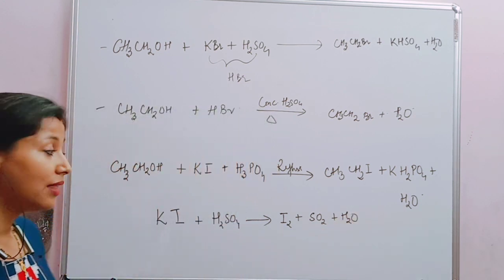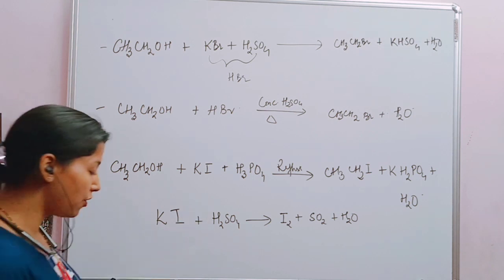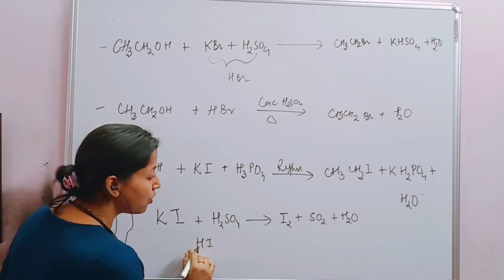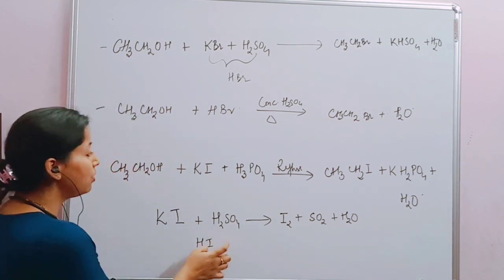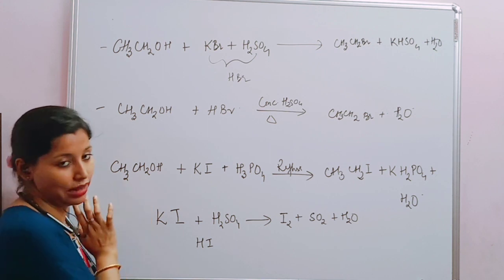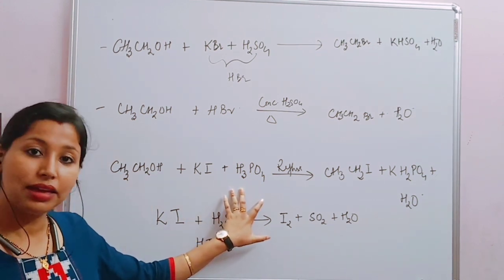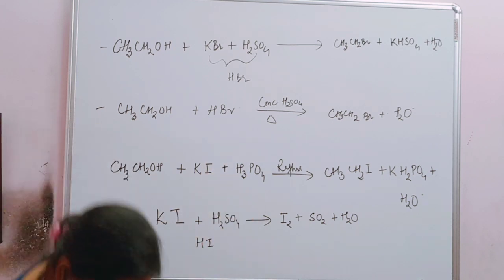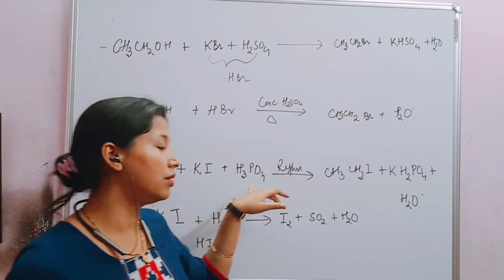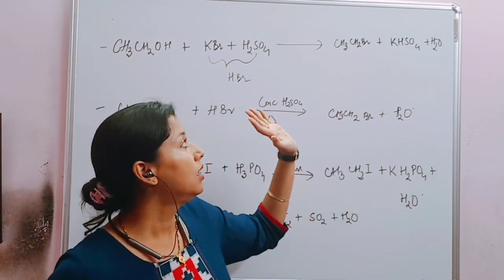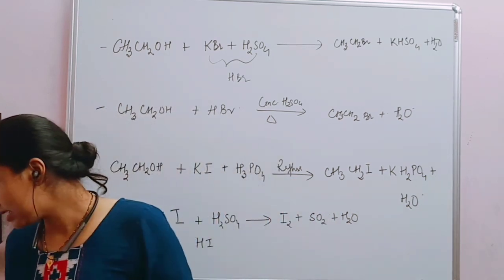That means most of your HI is oxidized to iodine, and it is not available for reaction with the alcohol. That is the reason why we use phosphoric acid. Clear? So these are the products for the reaction of ethanol for preparation of iodoalkanes and bromoalkanes. I hope this is understood, so that we can proceed to the next.